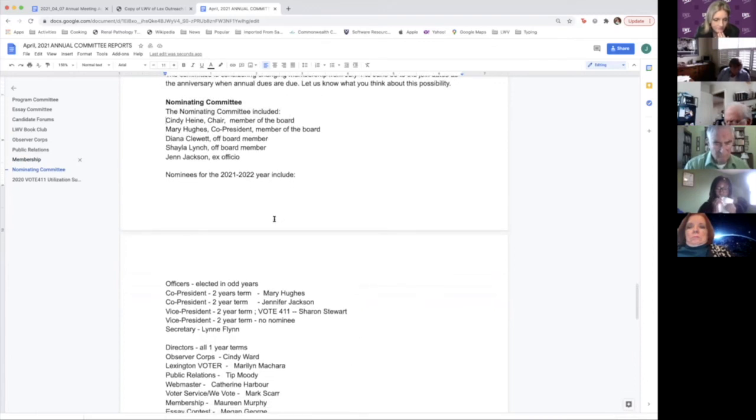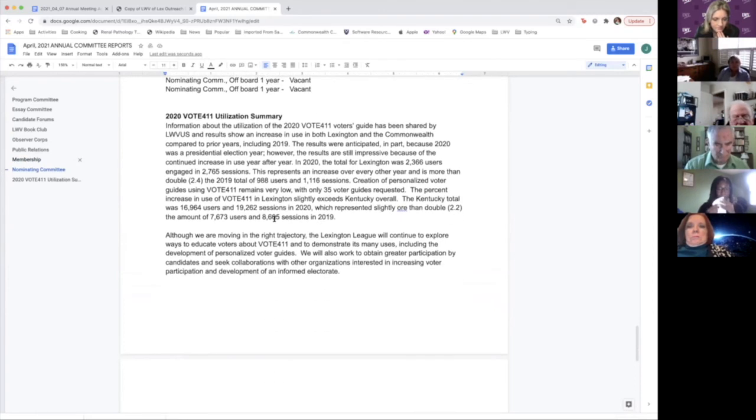Vote 411. I thought that report, if you haven't read it, I thought that summary, I know we felt maybe that it wasn't doing all it needed to do, and there certainly are ways it can be improved, but there really were a lot of users. So that's pretty exciting.